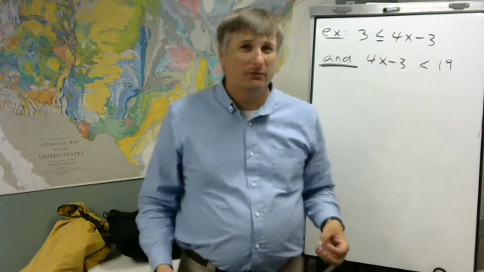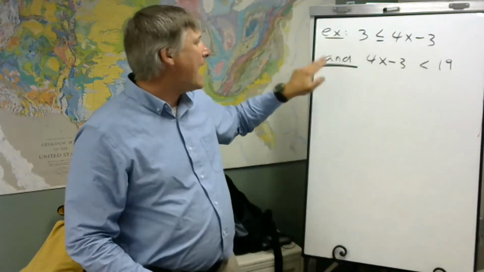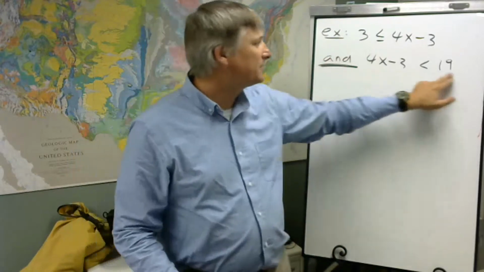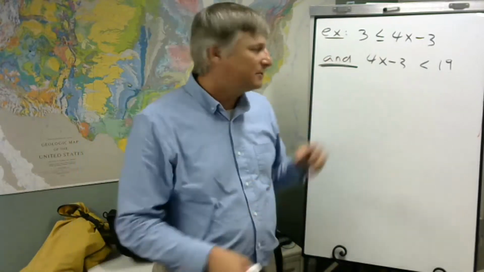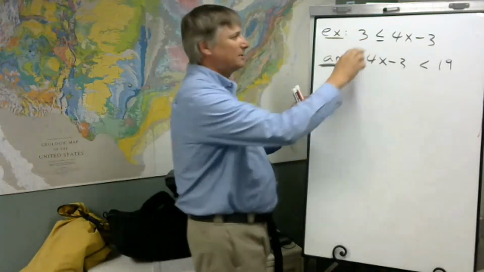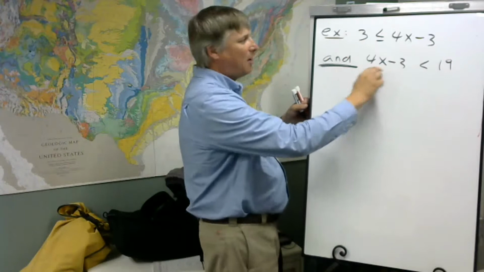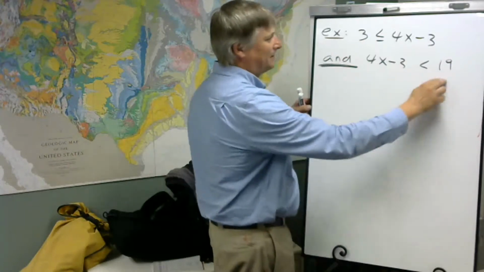So what we're looking for are numbers that satisfy this and numbers that satisfy that. I'm going to reword that a little differently. We want numbers that satisfy this and also, at the same time, satisfy that.